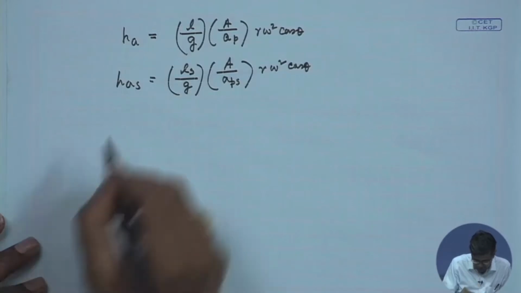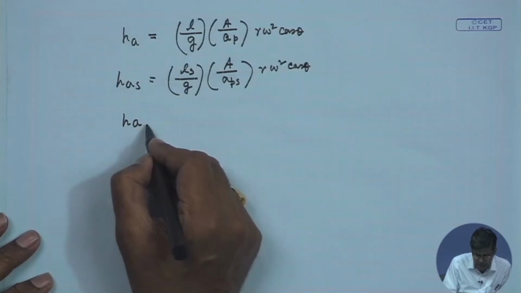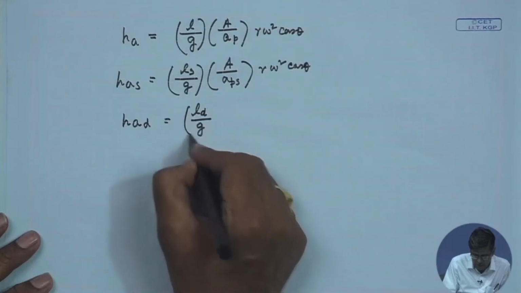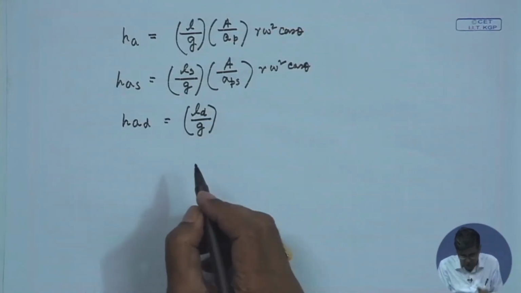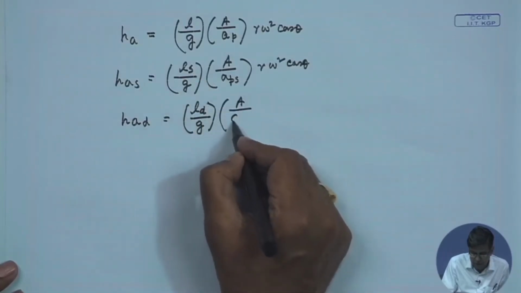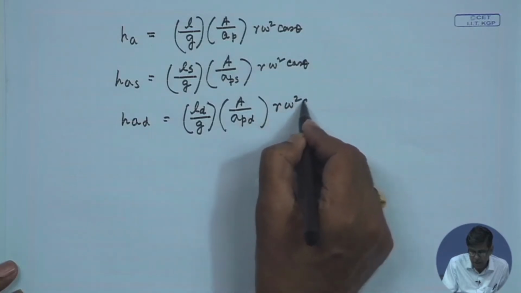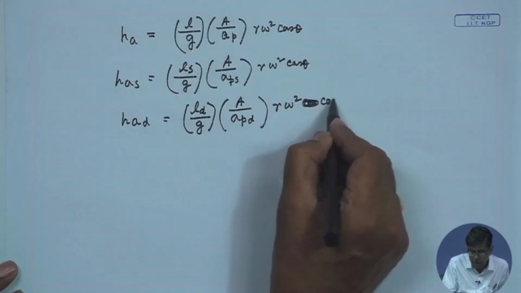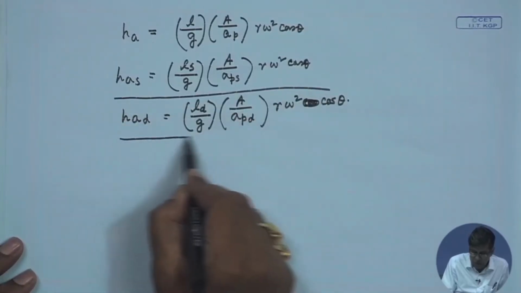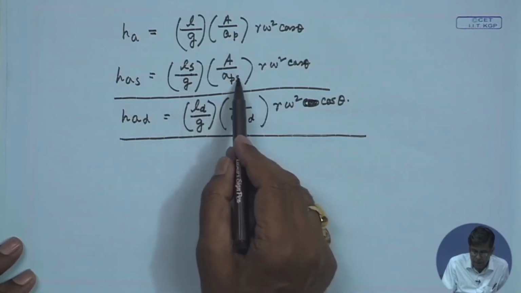Then the acceleration head in the delivery side will be the length of the delivery pipe into this area ratio, where this is the cross sectional area of the delivery pipe, R omega square cos theta. Sorry, my handwriting is bad. So, the expression is the same, only the lengths and the cross sectional areas are changed for suction and delivery.